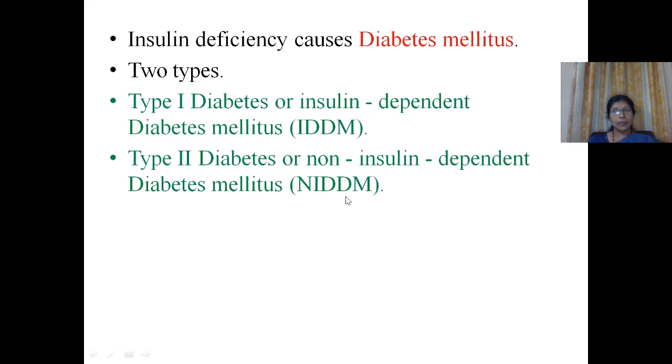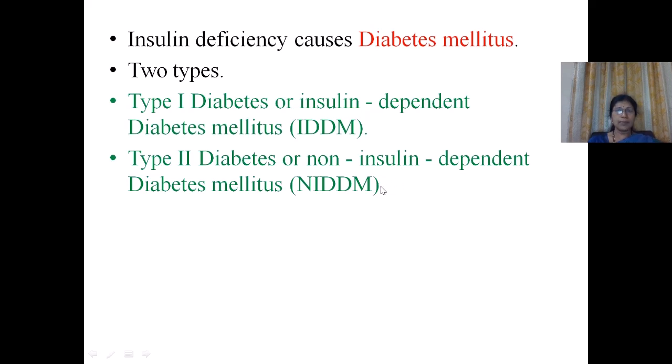So when a mutation occurs in this gene, insulin cannot bind to these cell surface receptors. Then the cells cannot take in glucose. As a result, glucose remains in the blood and its level increases. And the excess glucose present in the blood is excreted in the form of urine.